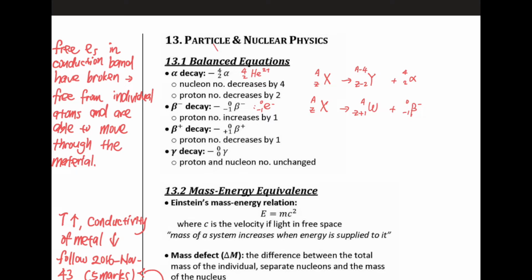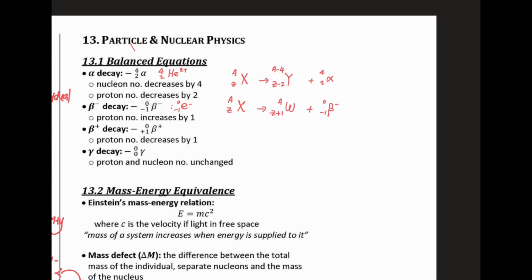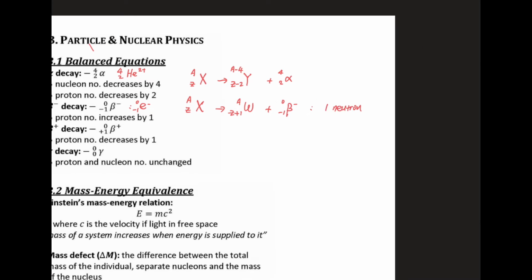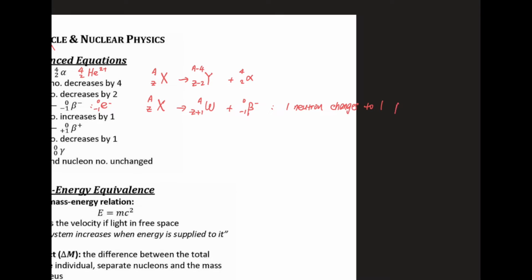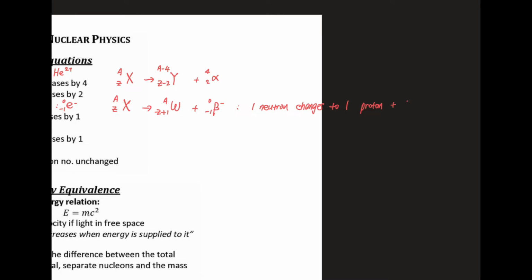Because what happened here is 1 neutron changes to 1 proton plus 1 beta minus.